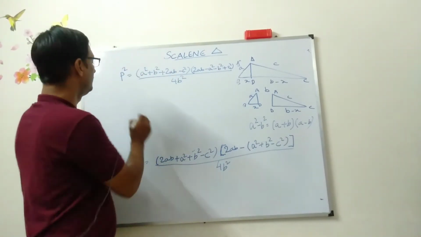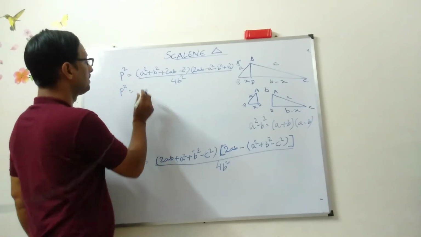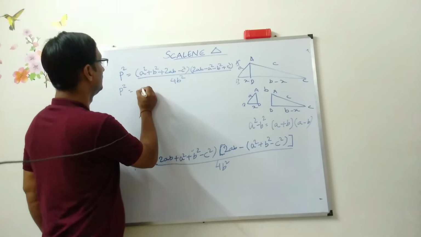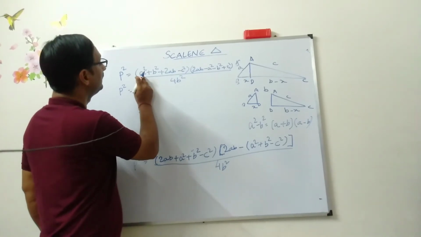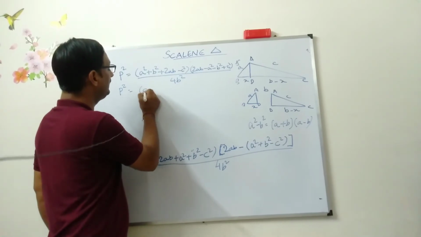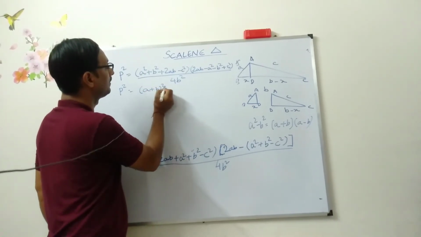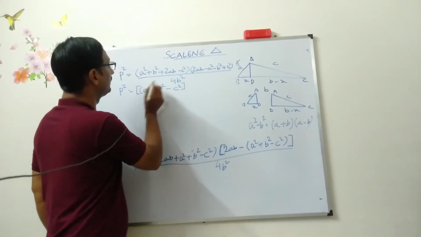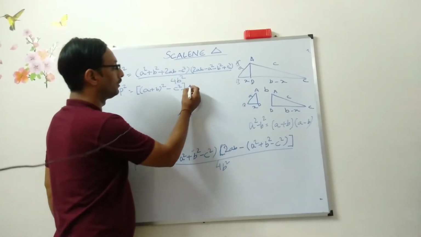This I have written. Again, this in place of a square plus b square plus 2ab, what I can write? A plus b whole square minus c square. We can write for this, and for this what we can write?